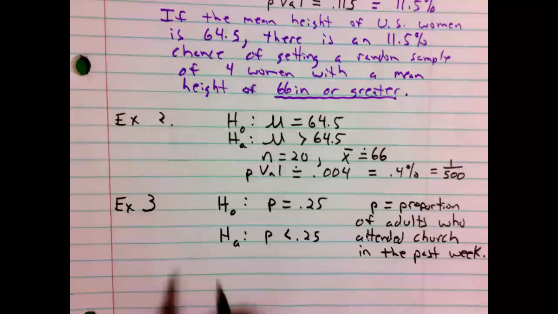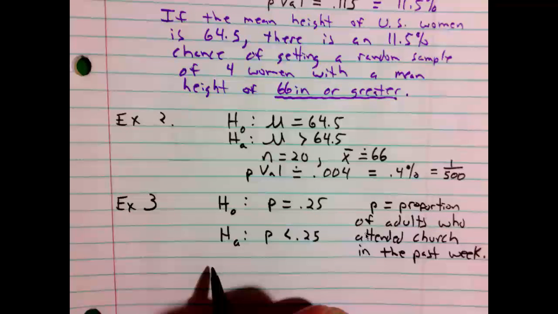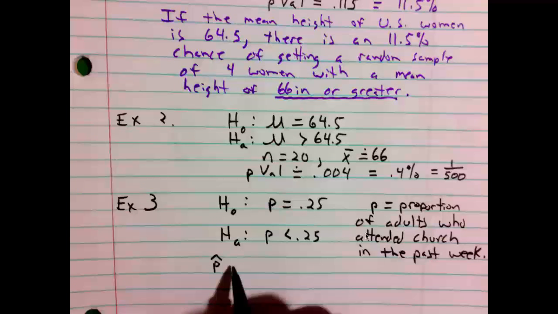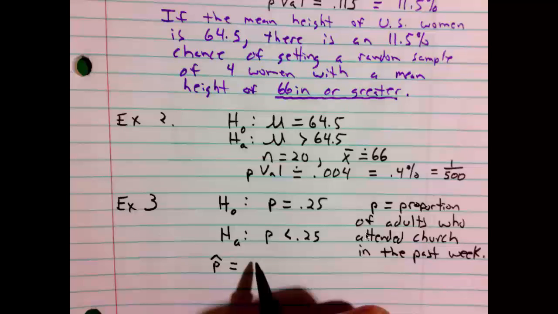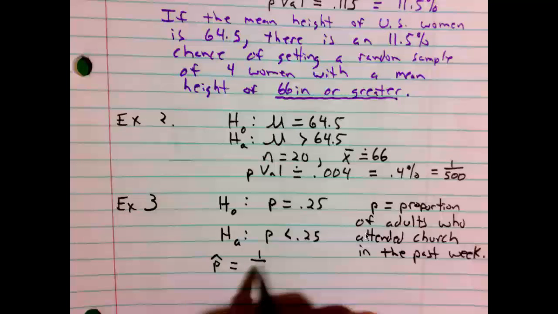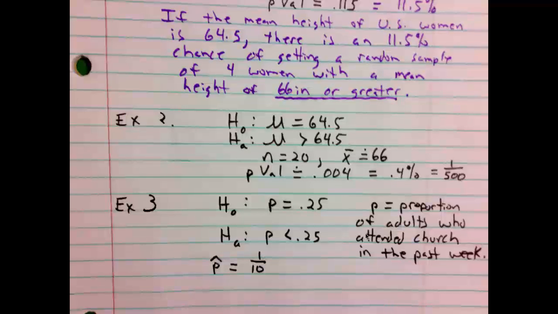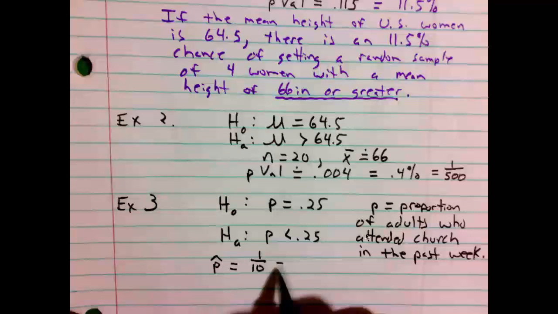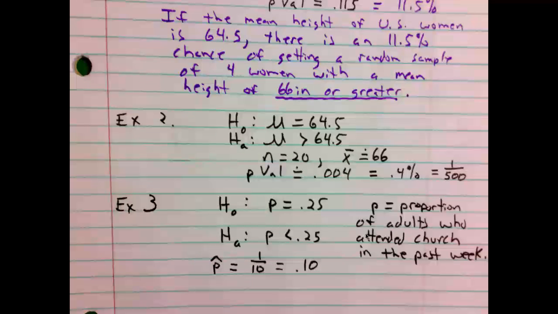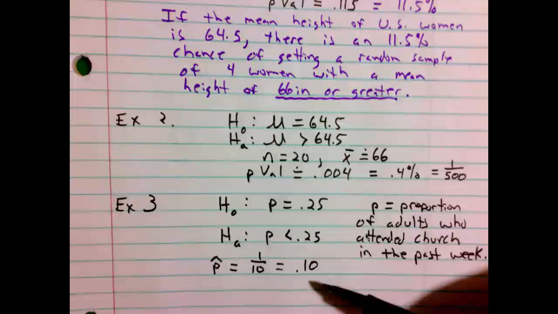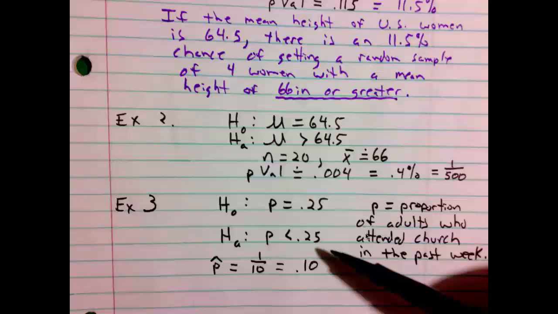Let's say we take a sample. All right. We have a p-hat, and in this particular sample, 1 out of 10 went to church. All right, so obviously that is 10% or 0.10. Okay. What is the p-value associated with that?